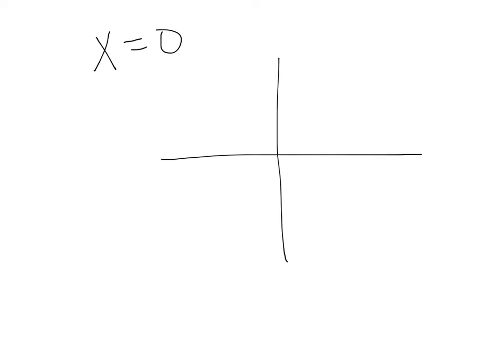Now they gave me another to graph: x equals 0. So where is x always 0? It's on the y-line, right? So this would be the graph of x equals 0.